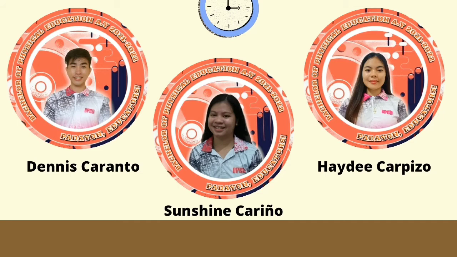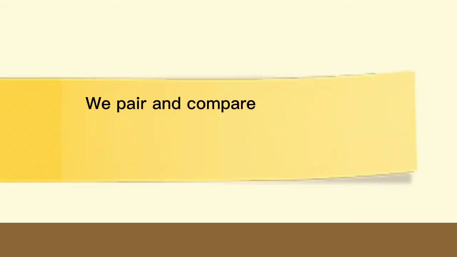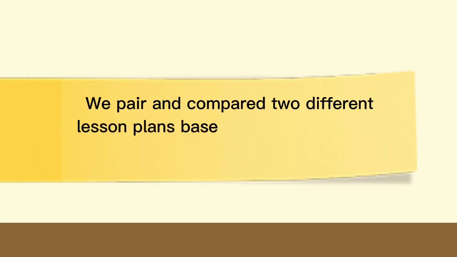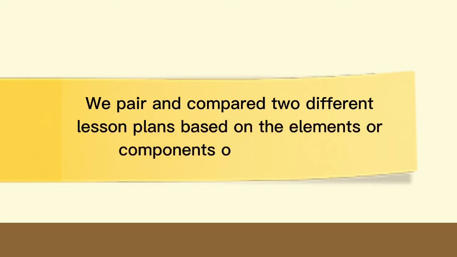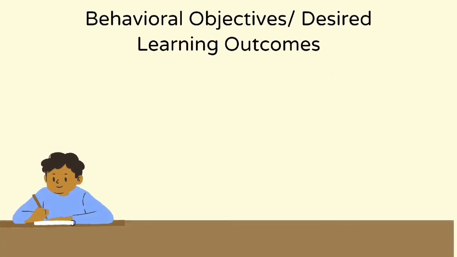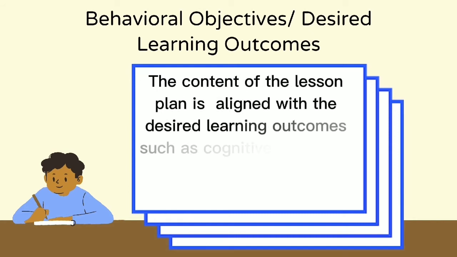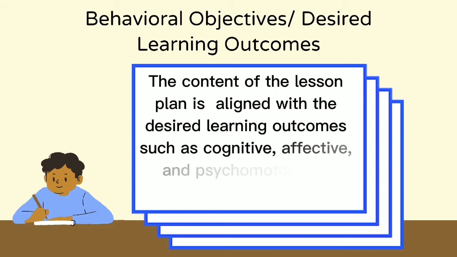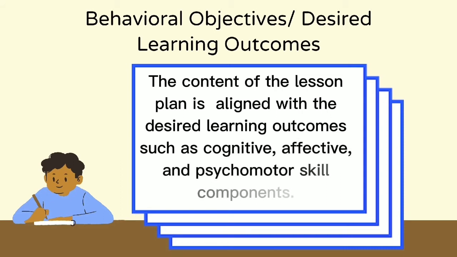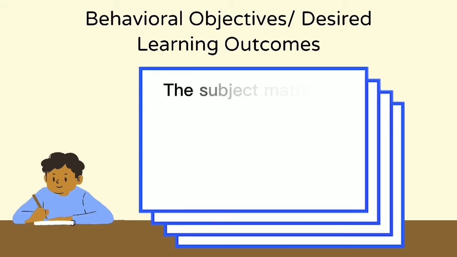Thank you, Madam Principal. We paired and compared two different lesson plans based on the elements or components of a curriculum. First is the behavioral objectives or desired learning outcomes. The content of the lesson plan is aligned with the desired learning outcomes such as cognitive, affective, and psychomotor skill components.